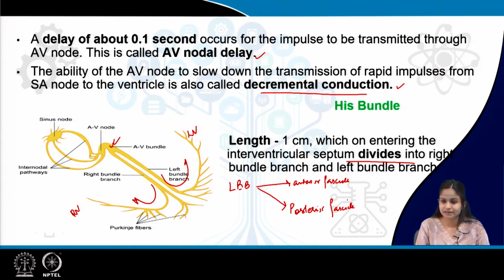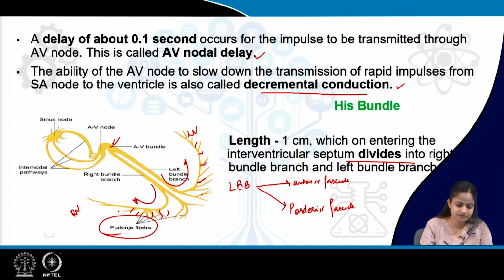Now, this left bundle branch, while supplying the ventricular walls, gives rise to various fibers. You can see over here, these are giving rise to various fibers. These fibers are nothing but the Purkinje fibers. These are very fast fibers, and these Purkinje fiber branches are given off at the subendocardial layers of the myocardium.